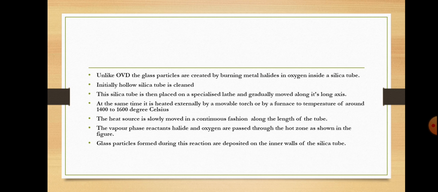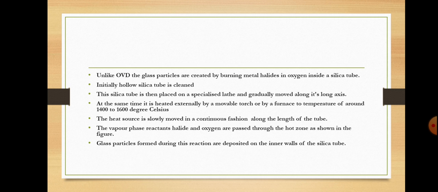Here for the process, first we will take a hollow silica tube, and we will clean it. This silica tube is then placed on a specialized lathe, and gradually that glass tube is moved along its long axis.